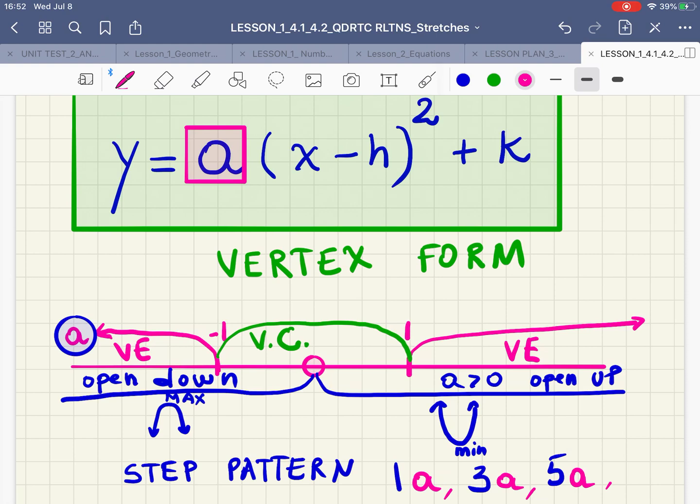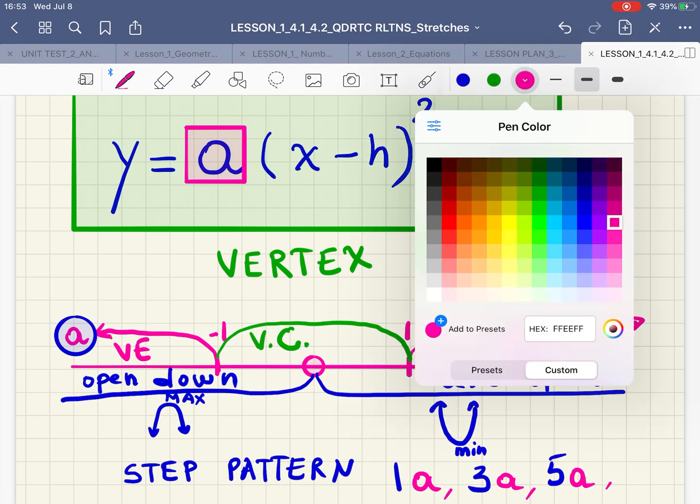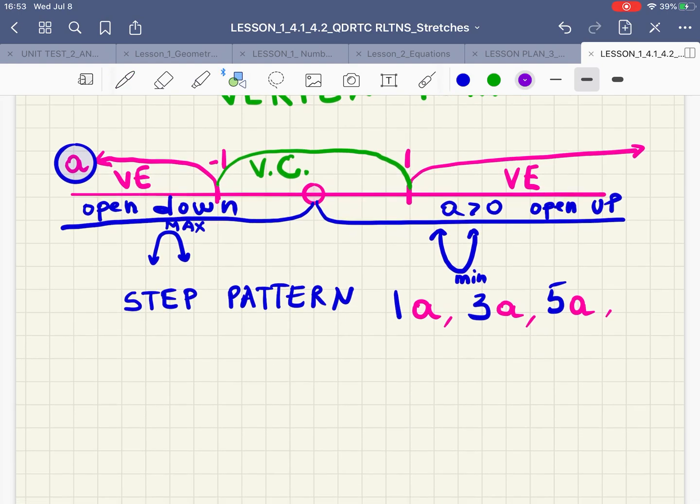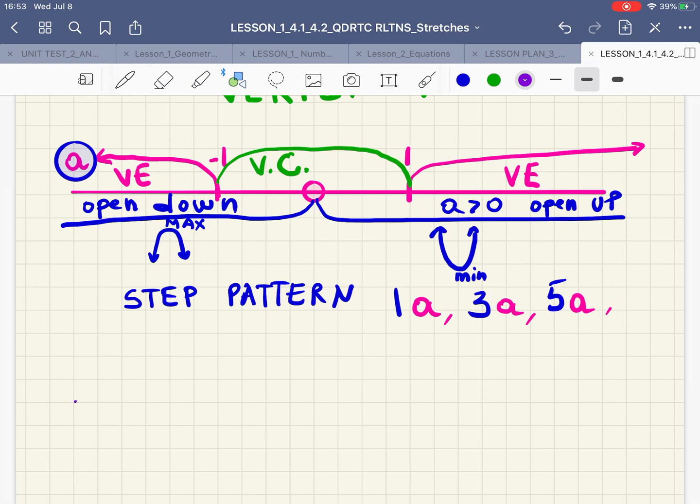The next very important coefficient is the coefficient k. The coefficient k describes the vertical translation. Just like with a, I'm going to make a number line here, and this number line represents all the possible values of k.